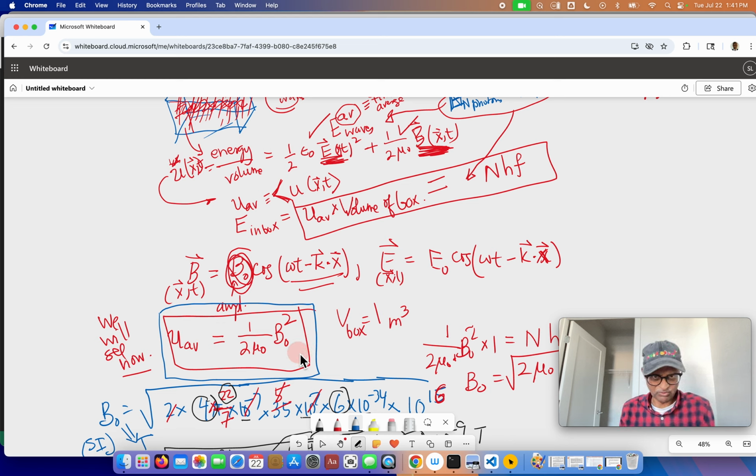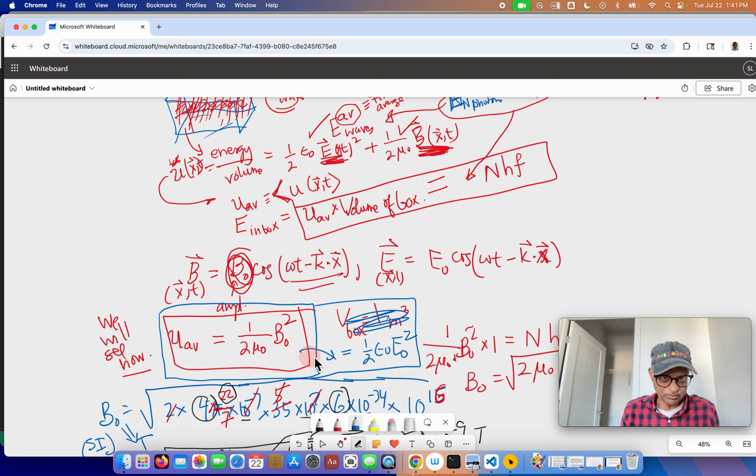So the energy per unit volume, the average energy density. And it turns out this is also equal to 1/2 epsilon naught amplitude square. So either this or that, or a combination of the two.